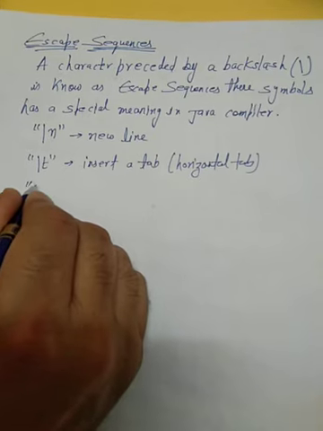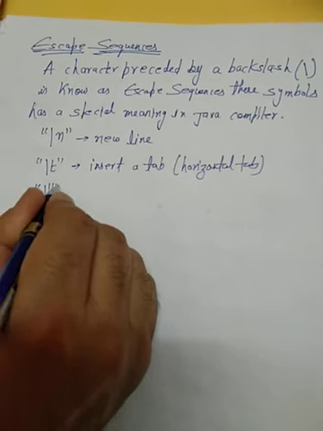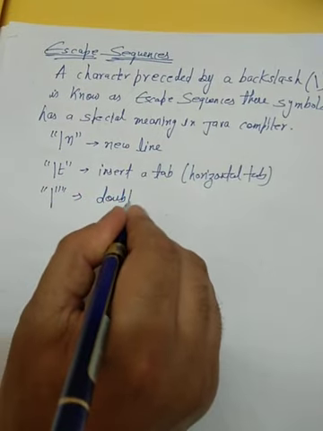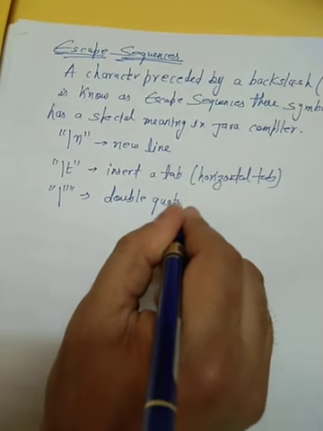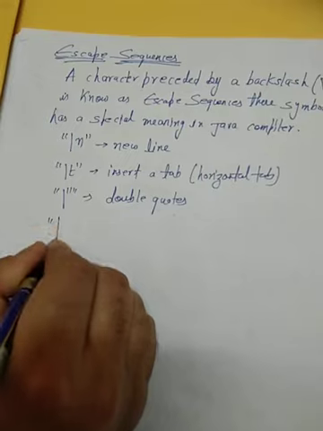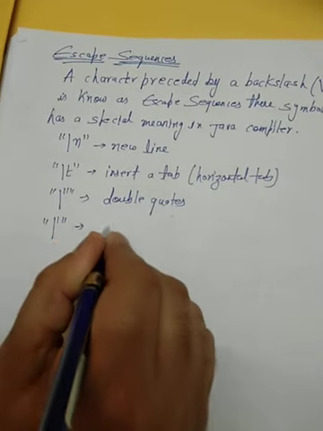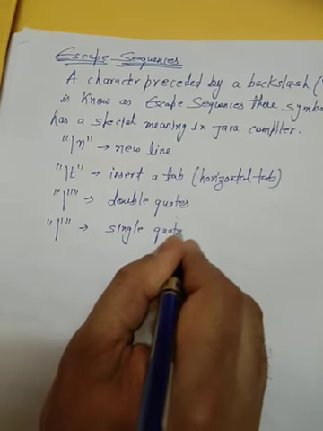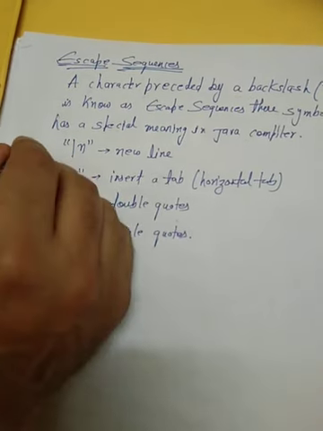Next we have double quotes, if you want to put double quotes in a string, then we have a single quote. These are the 4 examples of escape sequence.